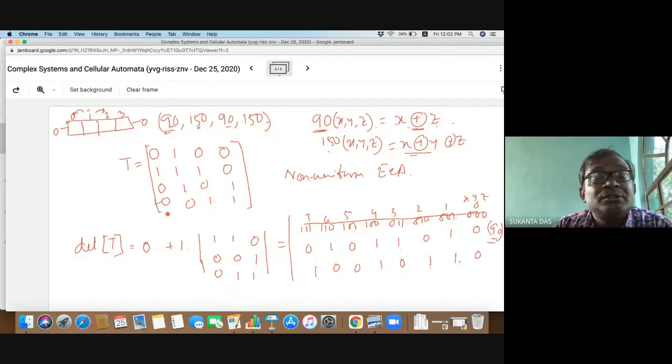So now T is this. From this T, I have to find a determinant.